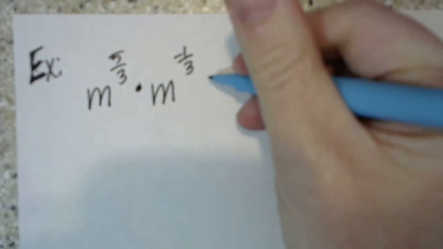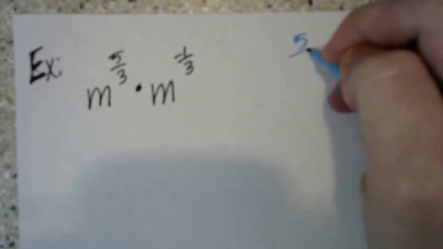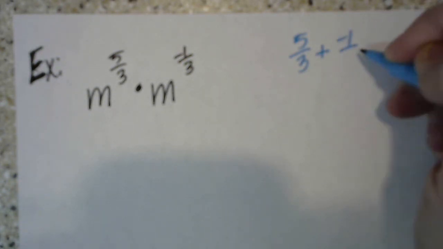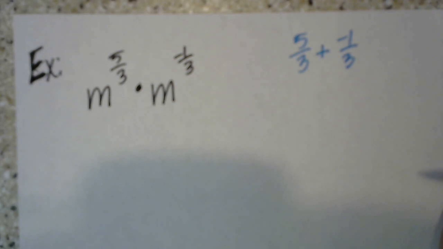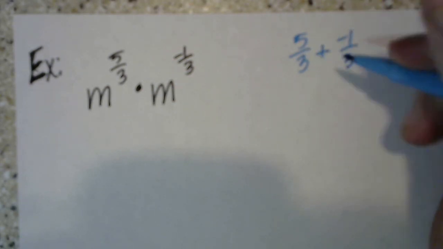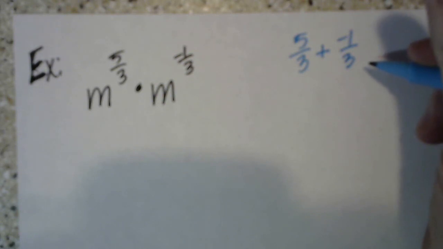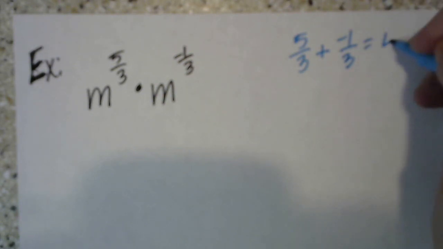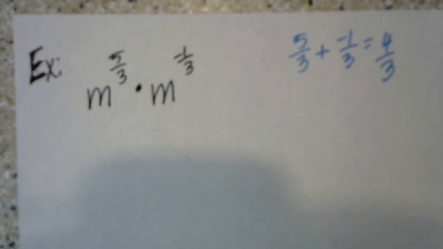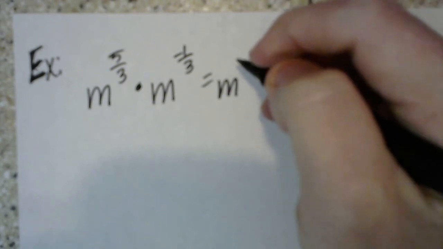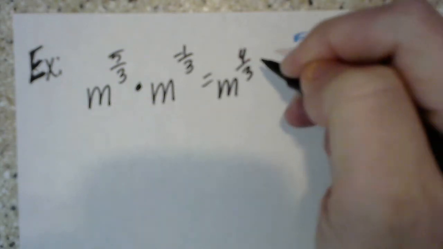It means I'm going to add them. And I'm glad that they have the same denominator already, because that's going to be less work. 5/3 plus a negative 1/3, that just becomes 5/3 minus 1/3, right? So that's going to be 4/3. So then I know my answer here is going to be m to the 4/3 power.